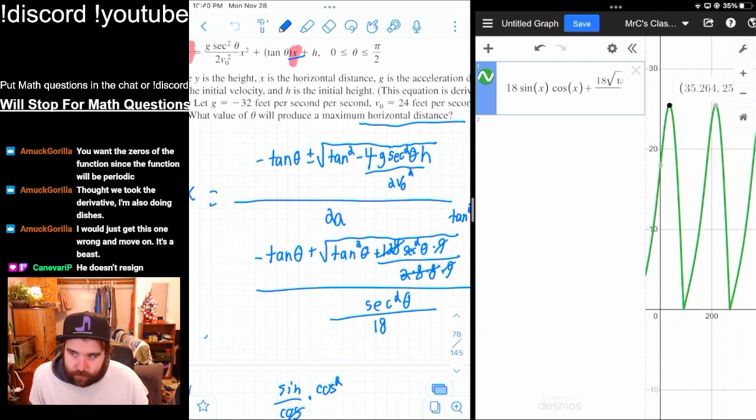Oh gosh. I would just get this one wrong and move on. It's a beast. I thought we took the derivative. No, we never took the derivative.